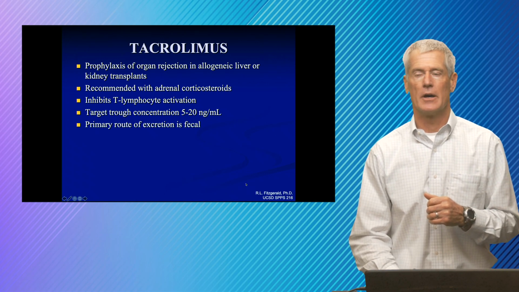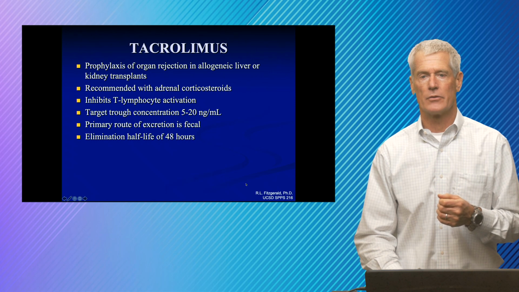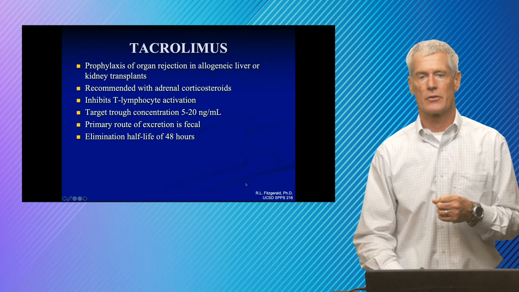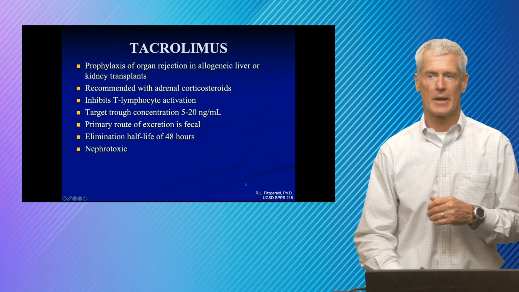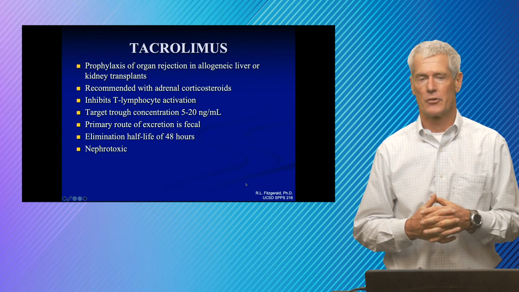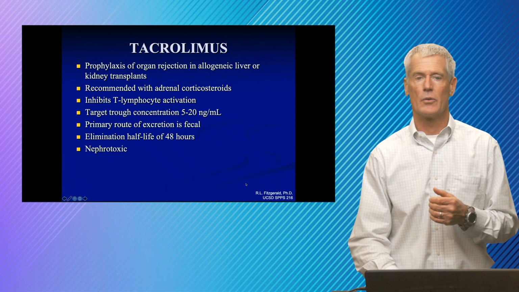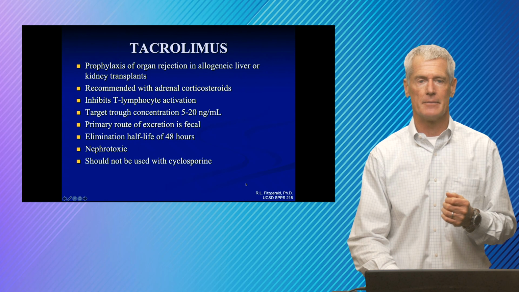It's also excreted fecally and has a half-life of about 2 hours, so it's going to take about 2 days, so it's going to take about 8 days to come to a new steady state if you make a dose adjustment. It's nephrotoxic, and one of its primary uses is in renal transplant. So again, another good reason to be doing TDM.